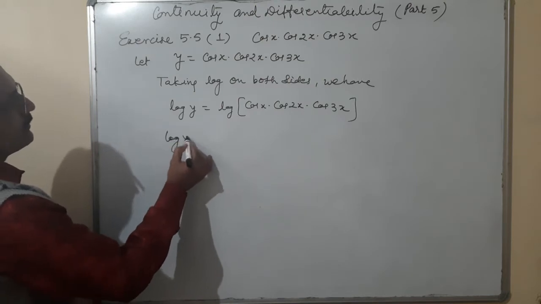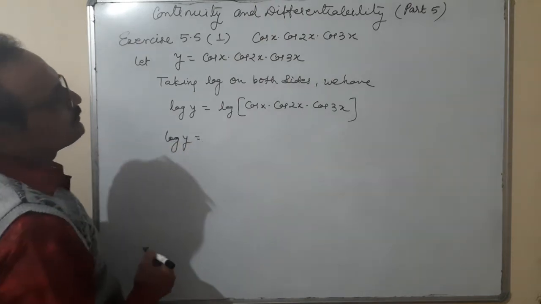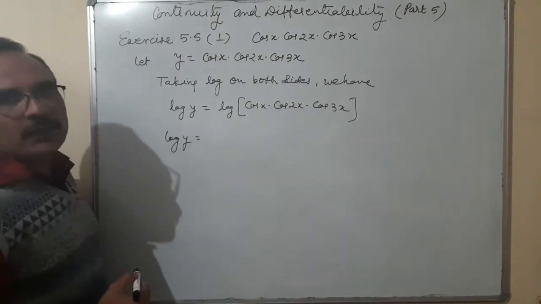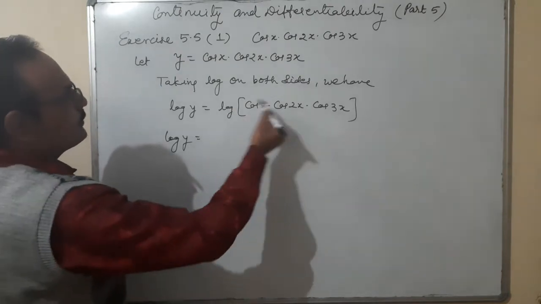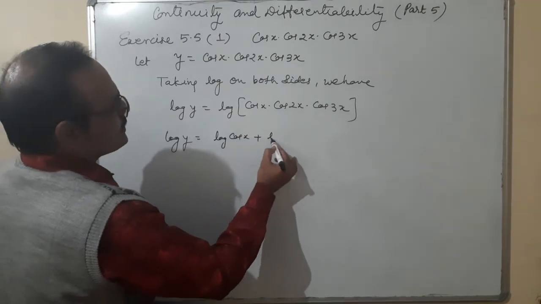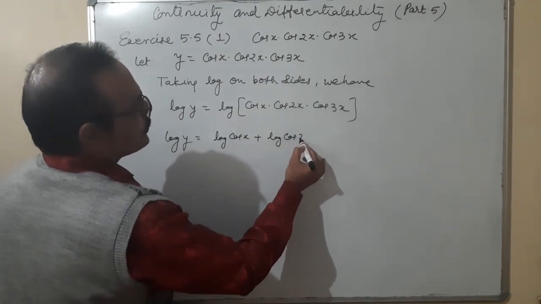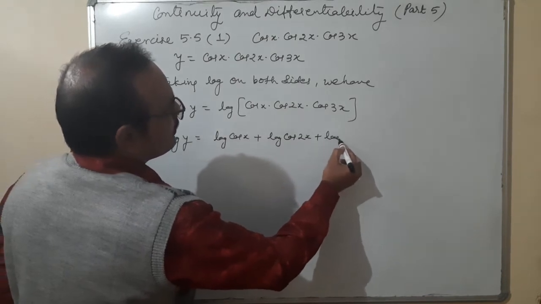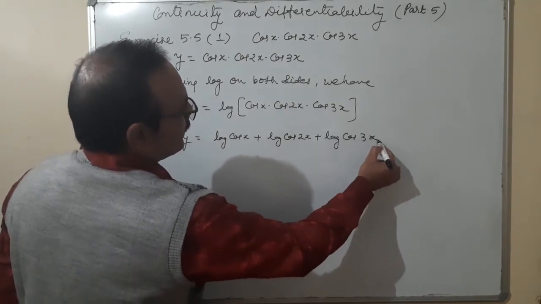Log y is equal to, since log of m into n is log m plus log n, log cos x plus log cos 2x plus log cos 3x.